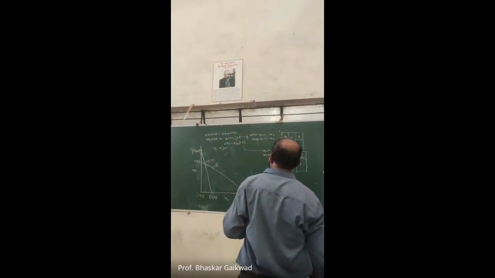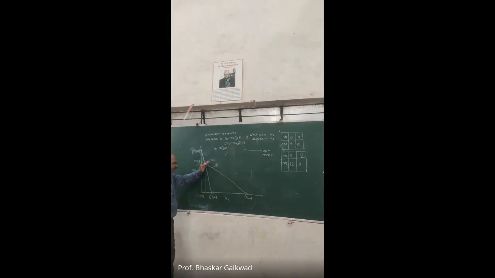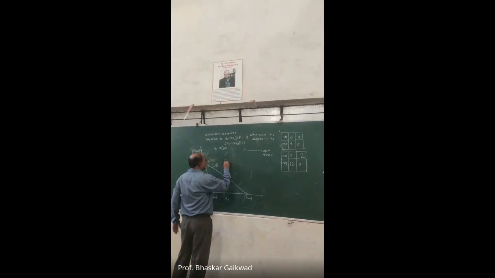For maximum conditions, below the point of intersection is your feasible region. In the minimum condition, this side is your feasible region. Means your feasible region is this one. This is the feasible region.